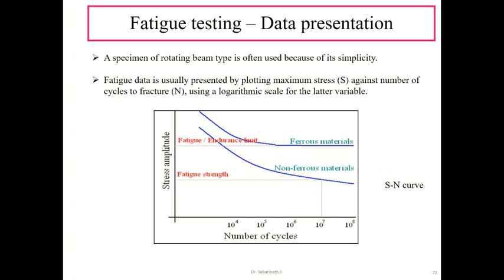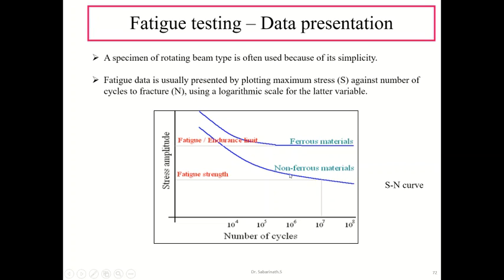This curve plots the number of cycles required for failure at a given stress amplitude. The number of cycles is plotted on the x-axis, and the stress amplitude on the y-axis.